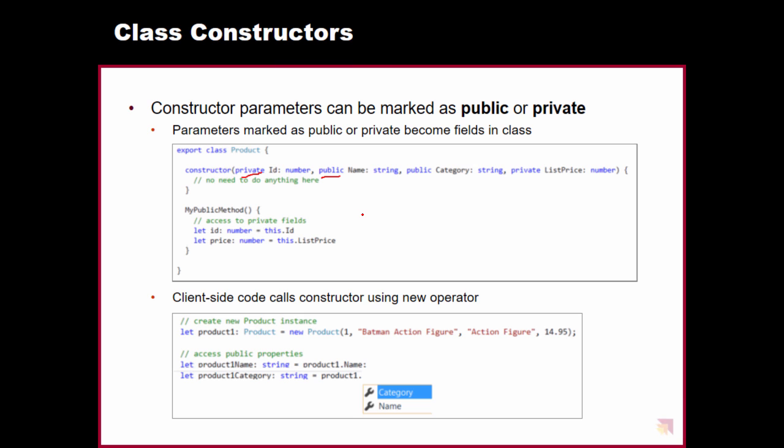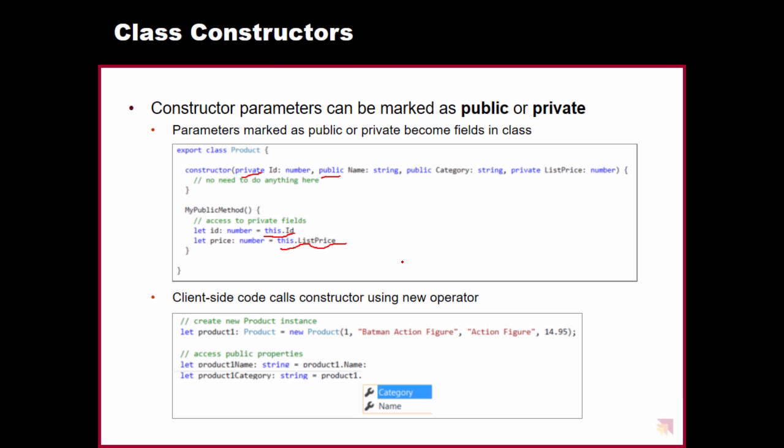Now, as a for instance, once I've created public or private properties in the same class, you can access that by saying this.id, this.price, this.name. One other thing I want to point out is unlike C#, when you reference a field from within a class, the this parameter is required.